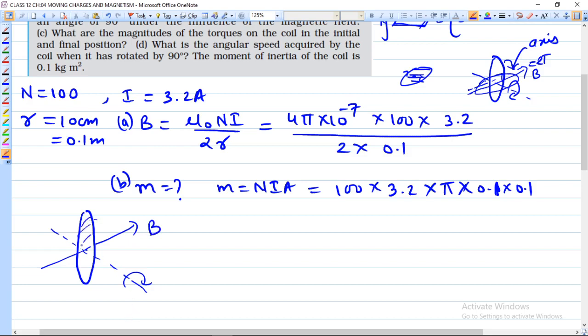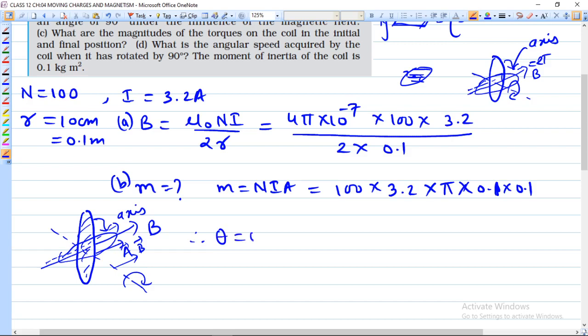Initially the coil is in this position, and this is the axis. Then the coil gets turned and becomes like this, turned by 90 degrees. In the first case, the area vector is in this direction and the magnetic field is also in the same direction.